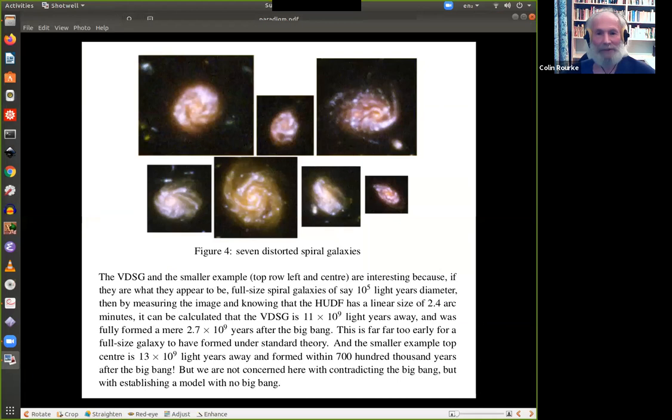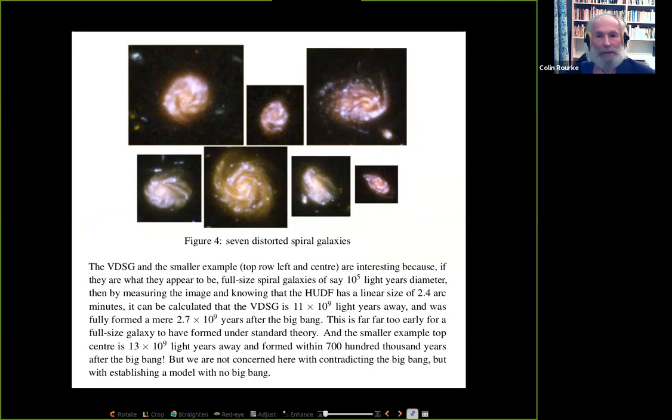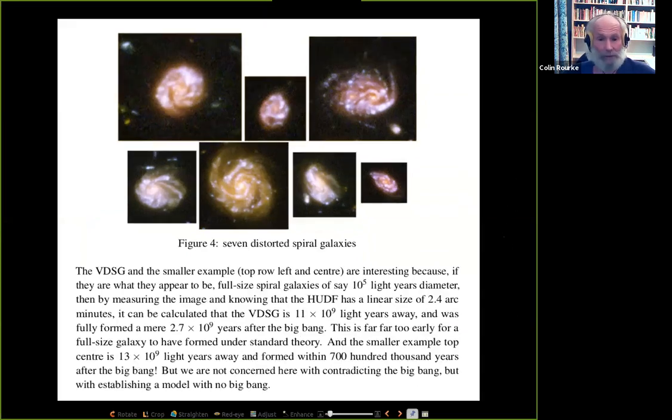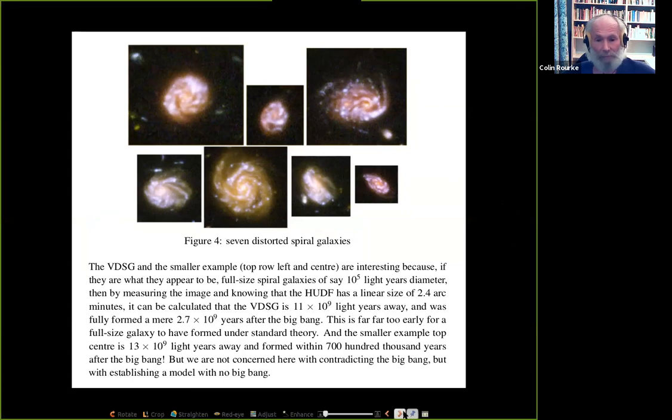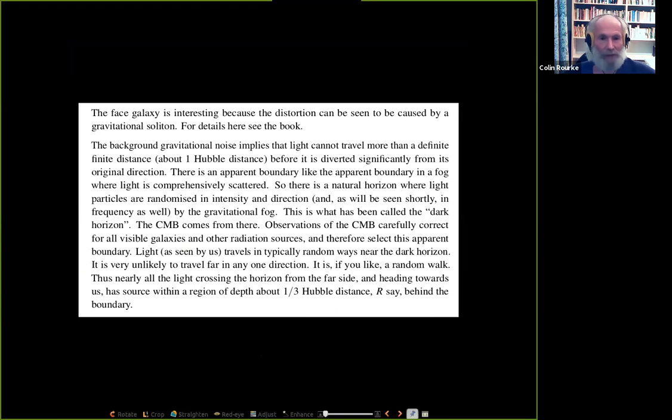Yes, we've got back. Good. So the face galaxy is interesting because you can actually show the gravitational distortion, the gravitational field that's causing the distortion. Okay. And then you've got these 4 distorted spirals.